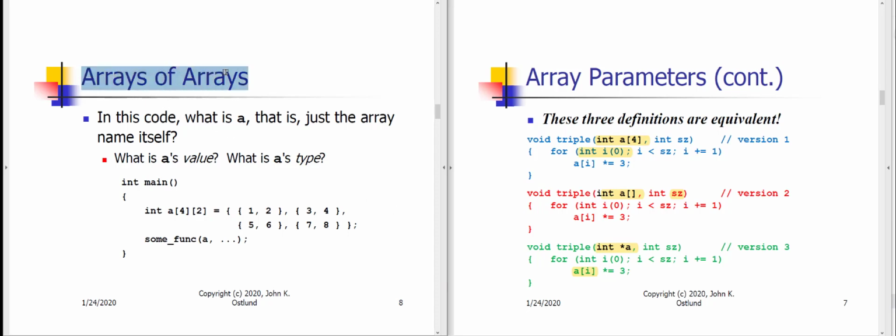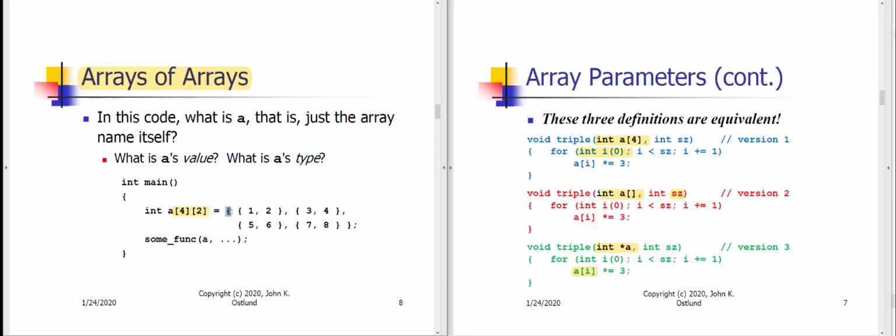Now, we can also have what we would casually think of as multidimensional arrays. In C++, what we're actually doing is creating arrays of arrays, or arrays of arrays of arrays, or arrays of arrays of arrays of arrays. And here is the notation that we use for doing that. In this little program on slide 8, this A is an array of 4 things, and each of those 4 things is an array of 2 ints.